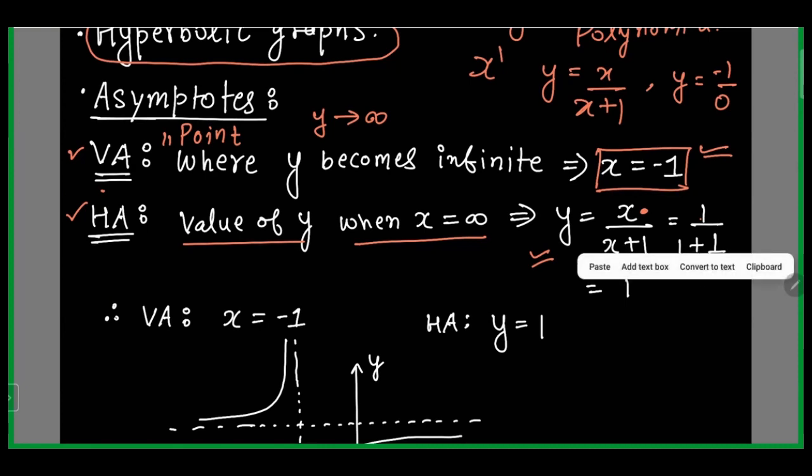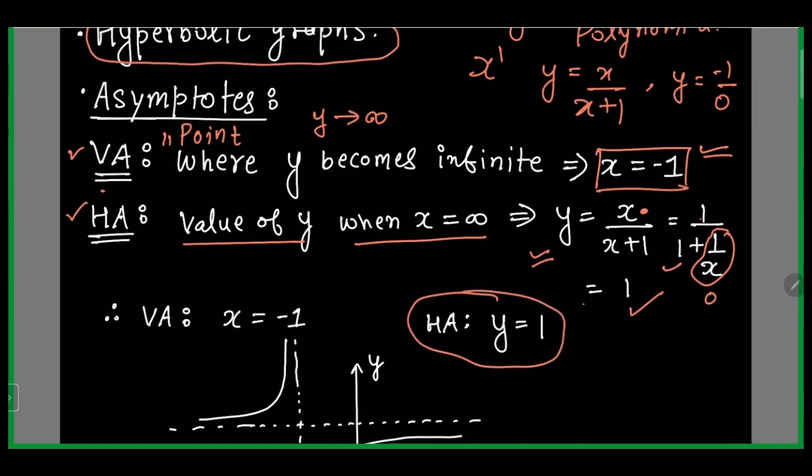So if you put x as infinity, this term will become 0 and you will be left with the value 1. So if you put x equals infinity, your y value will be 1. So what is your horizontal asymptote? Your horizontal asymptote is y equals 1. And what is your vertical asymptote? That is x equals minus 1.